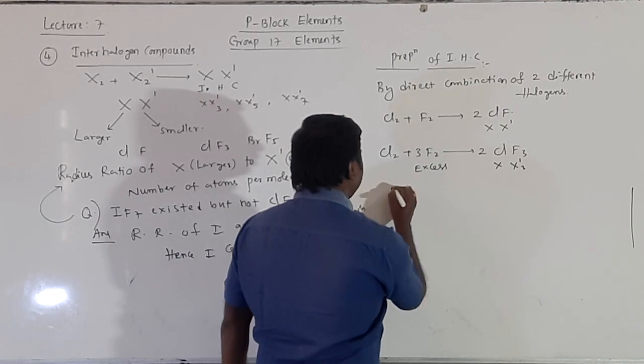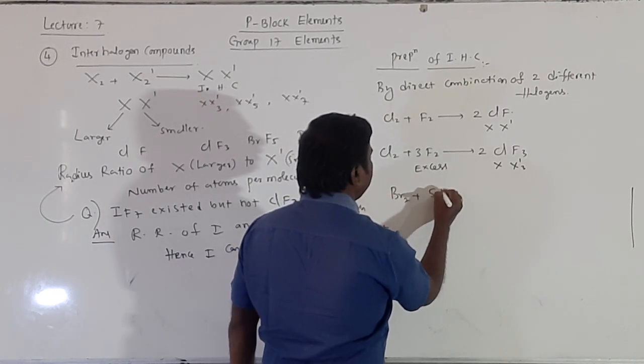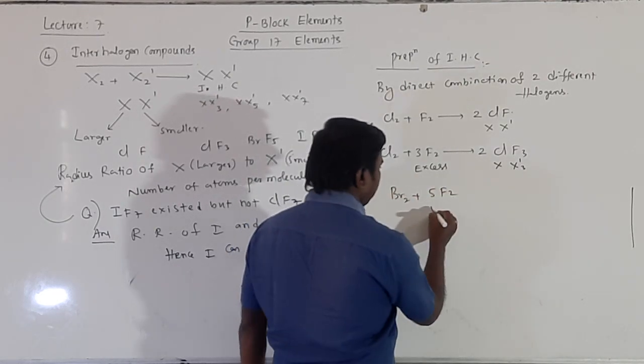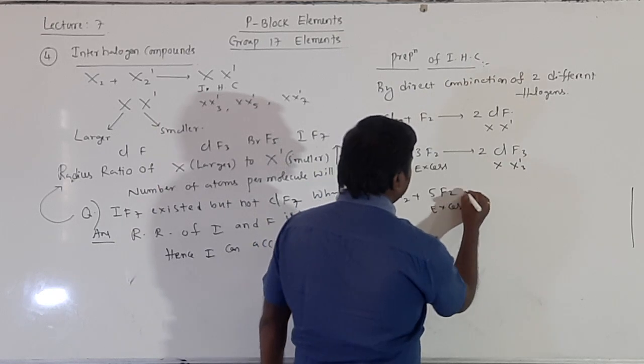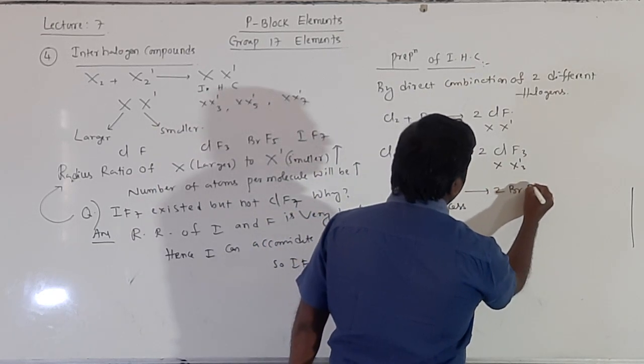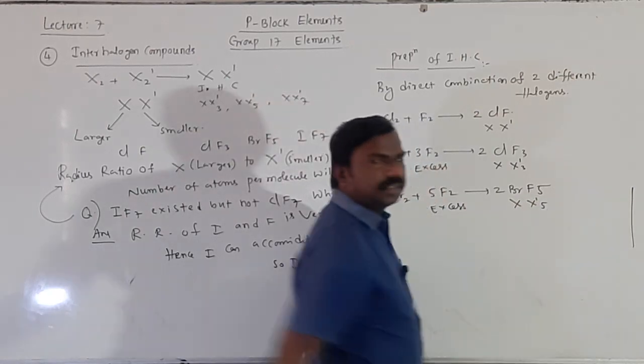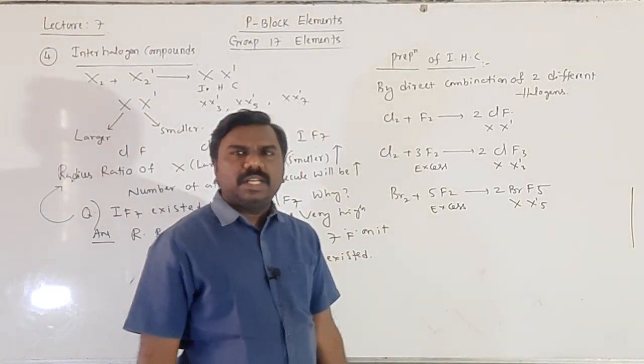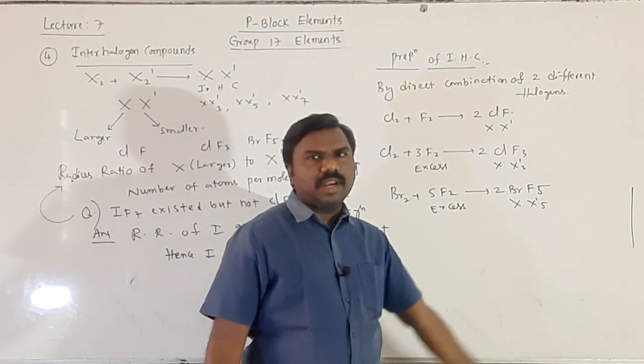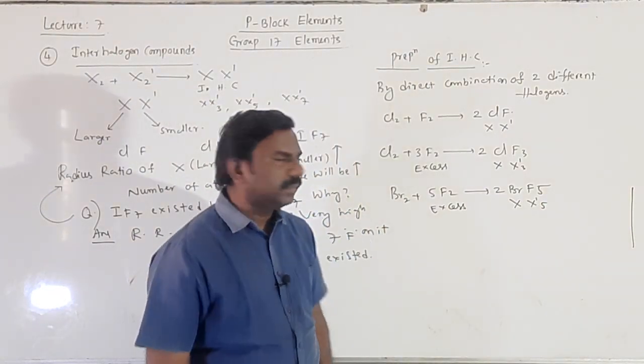Next, Br2 plus 5F2 in excess gives rise to 2BrF5, XX'5. Larger is bromine, indicated as X, smaller fluorines X', there are 5.